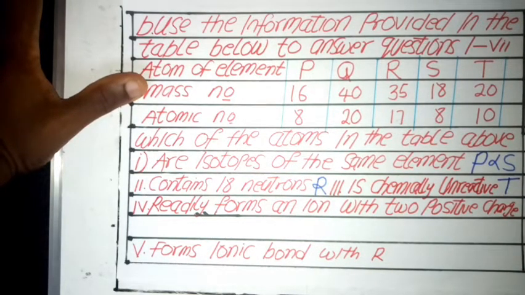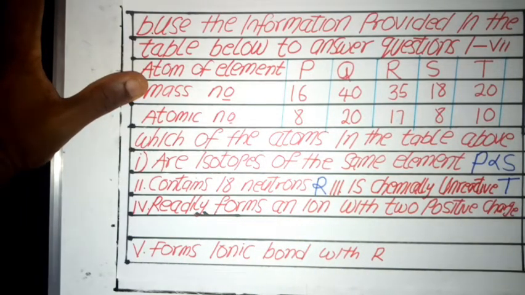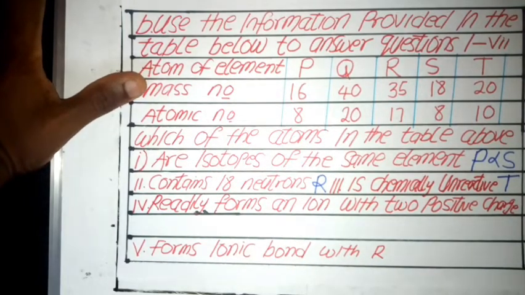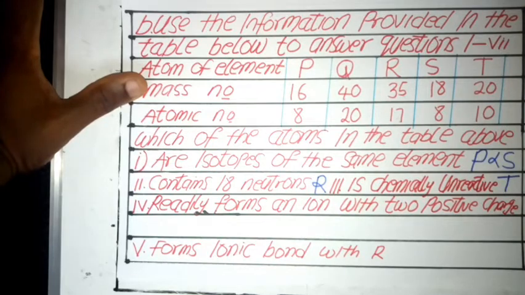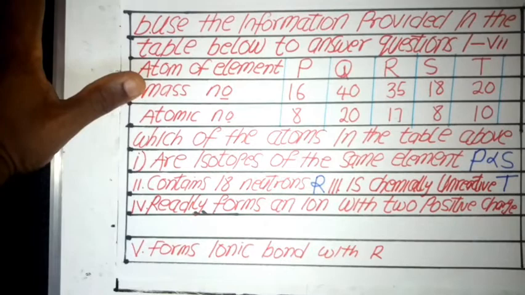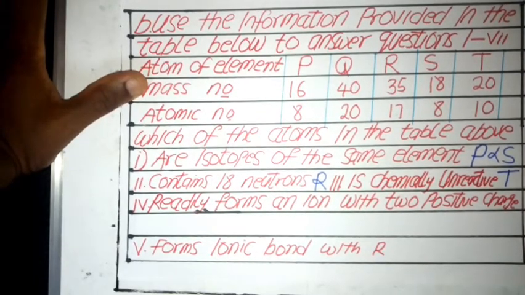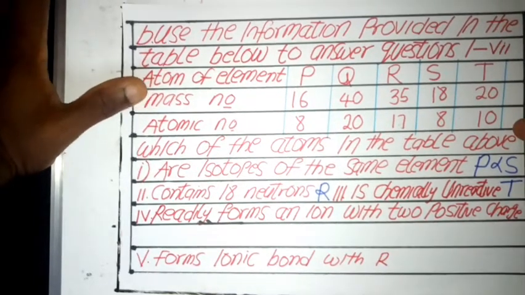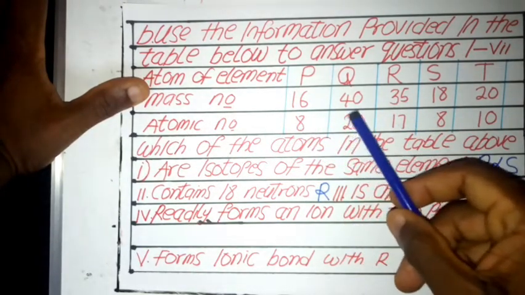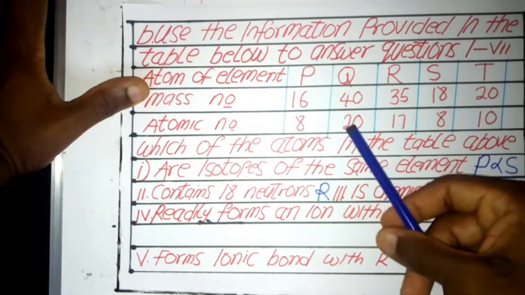Then the next one: readily forms an ion with 2 positive charge. Readily forms an ion with 2 positive charge. When I say 2 positive charge, they have a valency of 2. So we're going to be looking out for elements in group 2 of the periodic table. So element in group 2, no, no, no. So 20 is calcium.